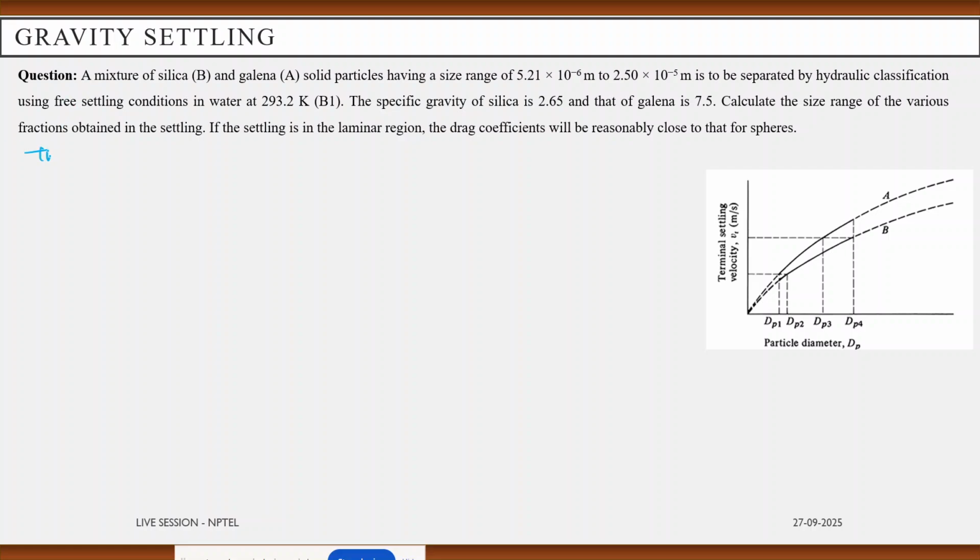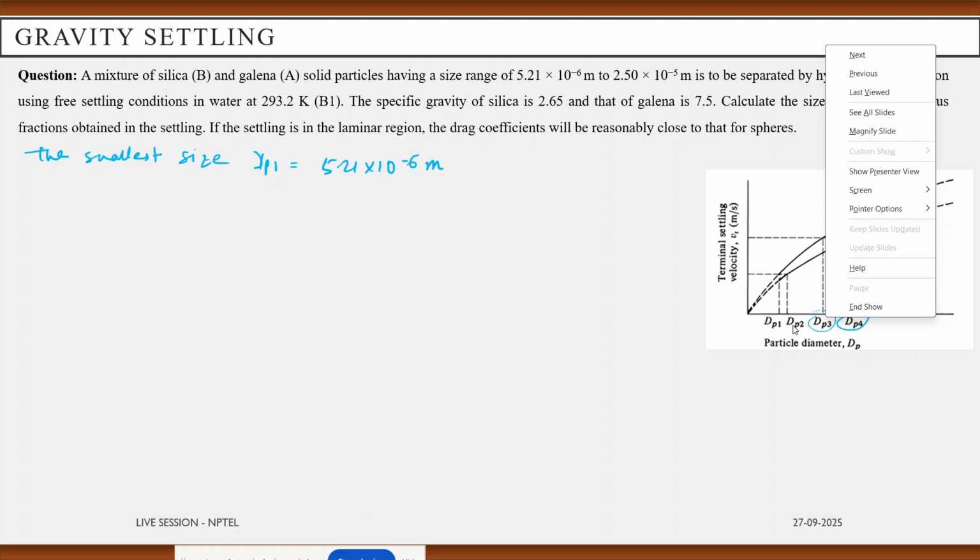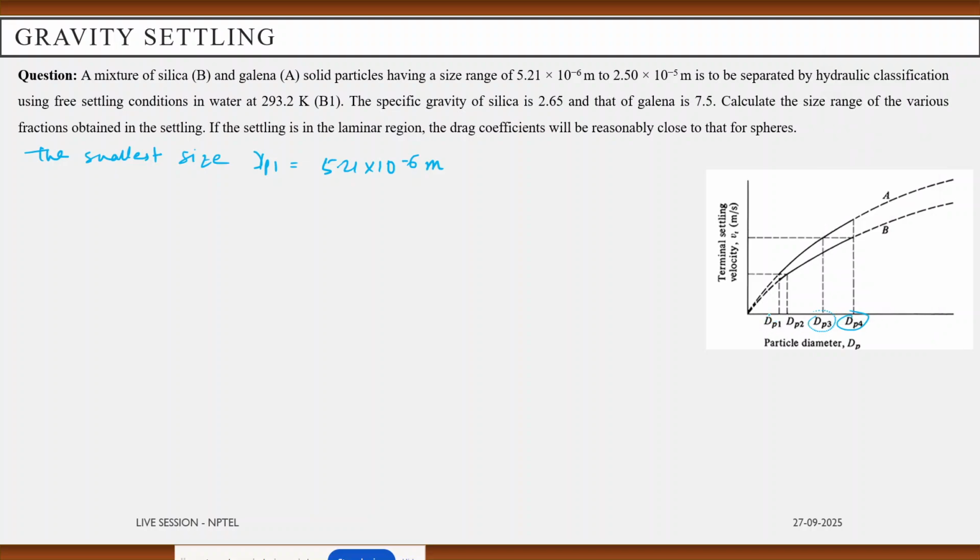The smallest size is dp1, right, which is 5.21 into 10 to the power minus 6 meter. So the pure fraction of A consists of dp4 to dp3, where we already know these values dp1 and dp4.